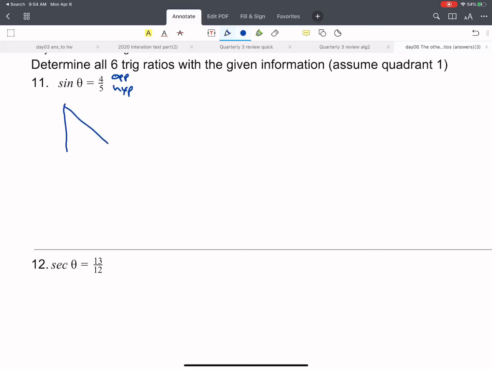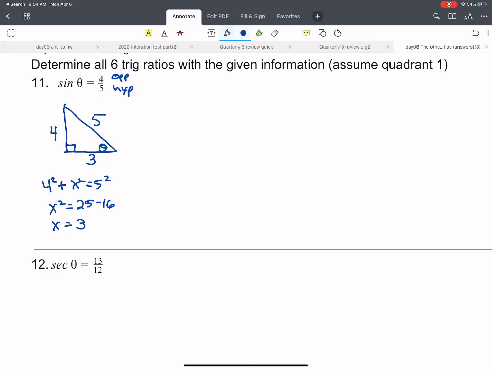This is nice. What's the missing side? If you know your Pythagorean triples, you will get that your missing side is 3. So that's a 3, 4, 5 triangle, right?